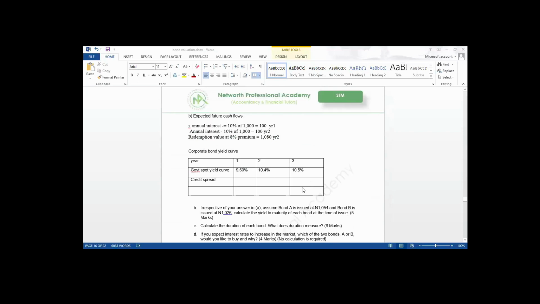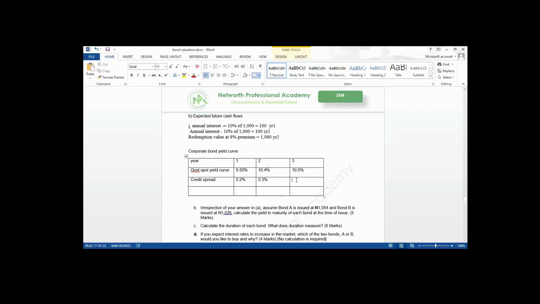You can now come here. This becomes 0.2%. This becomes 0.3%.